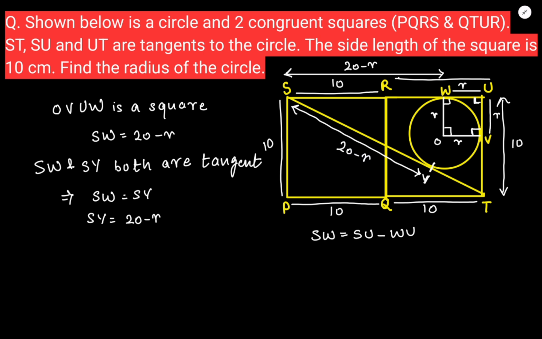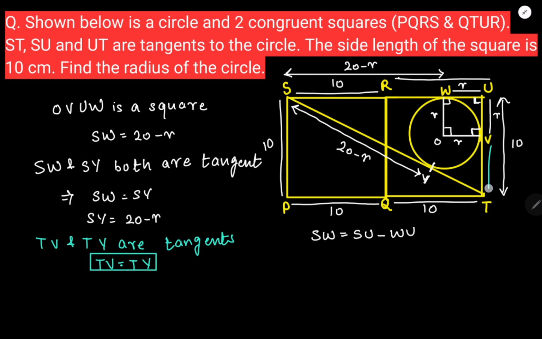Similarly, look at TU. TV and TY are also tangents from T, from the same point. This implies TV is equal to TY. What is TV? TV is equal to TU minus VU, that is 10 minus r.